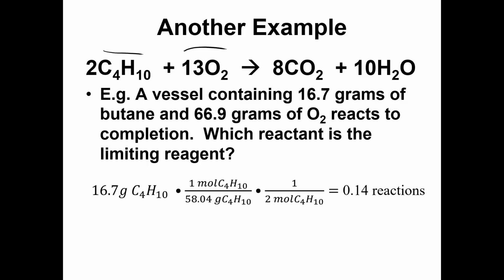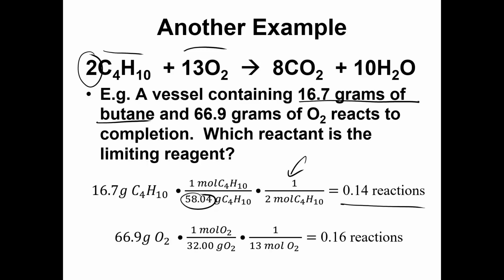You have to convert the grams of the reactant, grams of butane, using the molecular weight, to moles, and then you do one reaction and use the coefficient from the balanced equation. That gives you 0.14 reactions in this case.